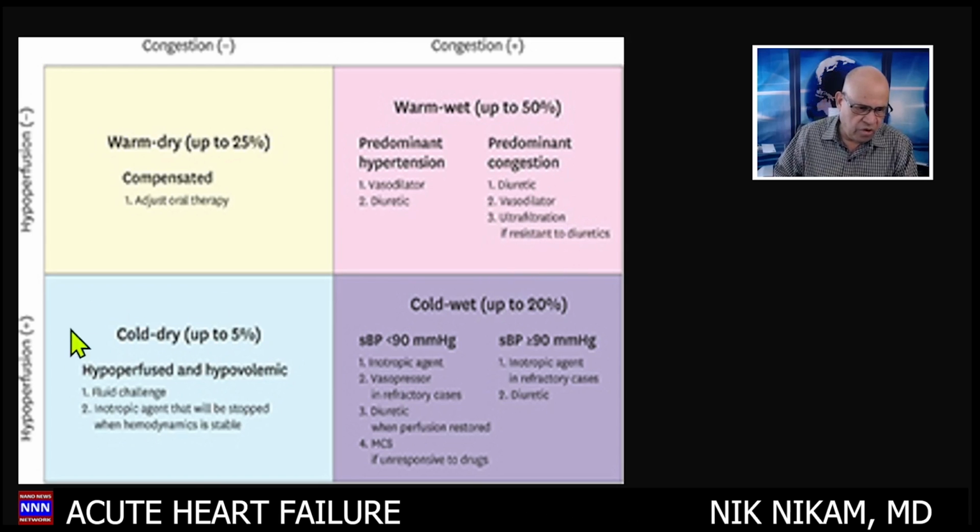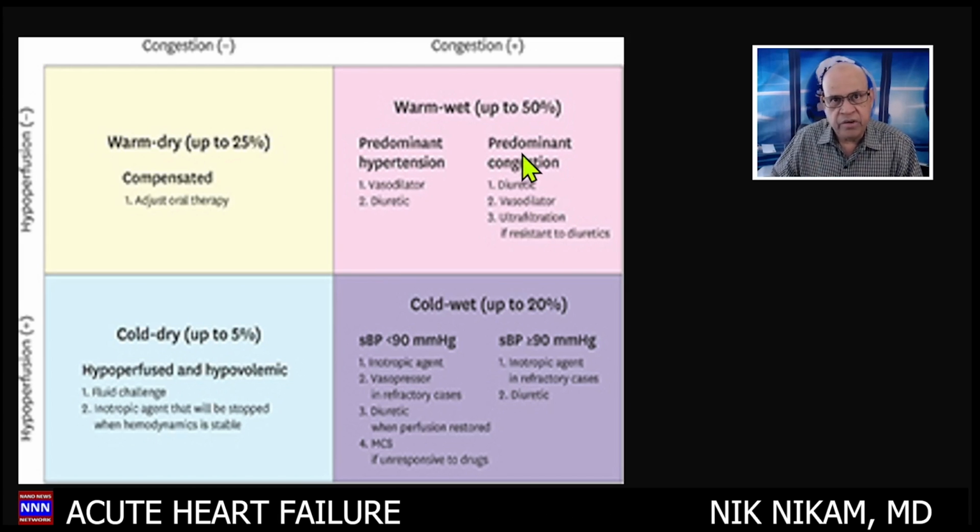Whereas the cold and dry, it's a hypoperfusion, hypovolemic state. It is exceedingly rare. That constitutes only 5%, and cold and wet about 20%. So if you are dealing with a person who comes in with a congestion, volume overload, that accounts for about 70% of the patients coming with acute heart failure.